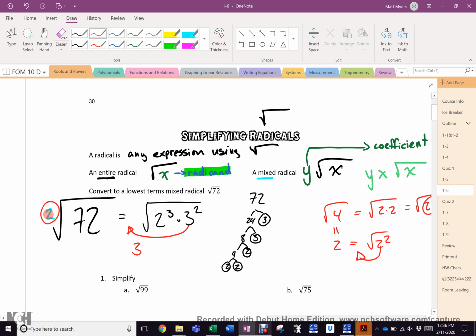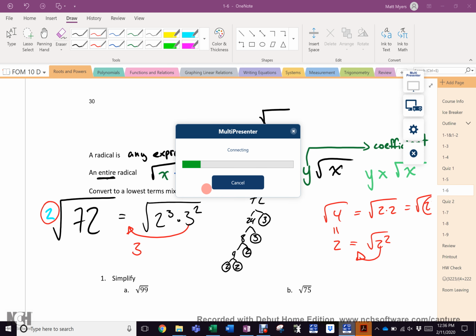Because we are looking for groups of 2 factors. 3 squared means 2 factors, right? Now, being the intelligent young people that you are, you recognize that I have removed that 3 squared. What is left under there?